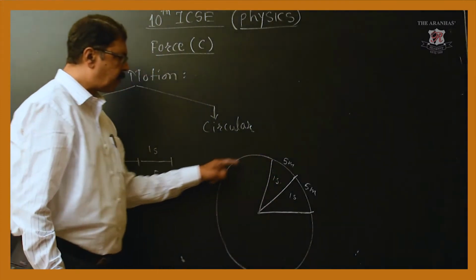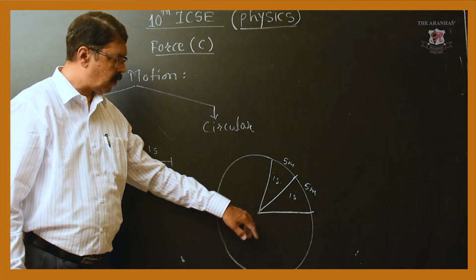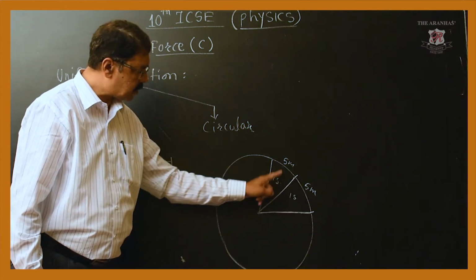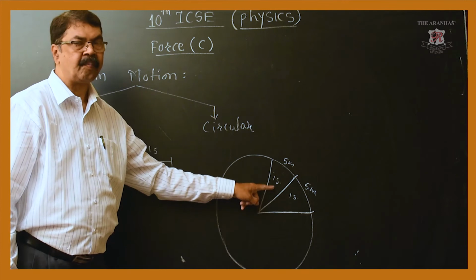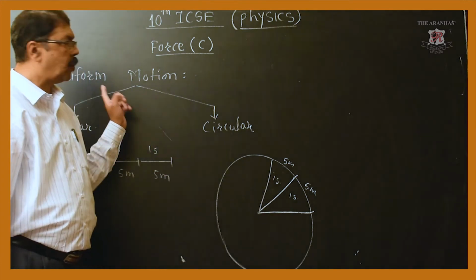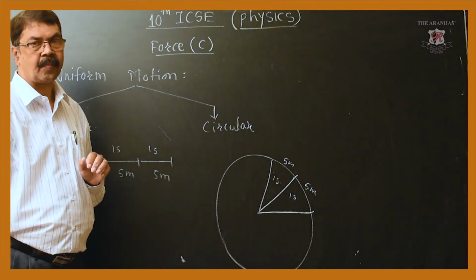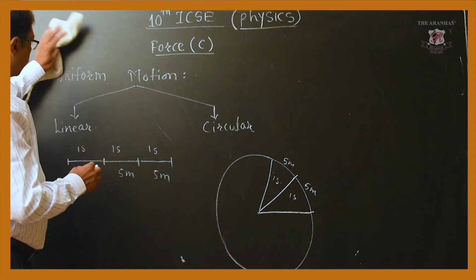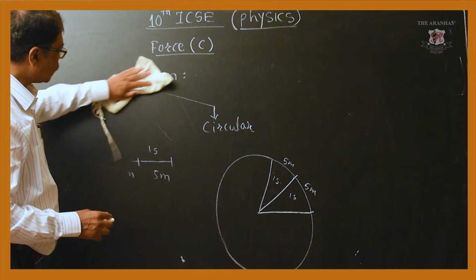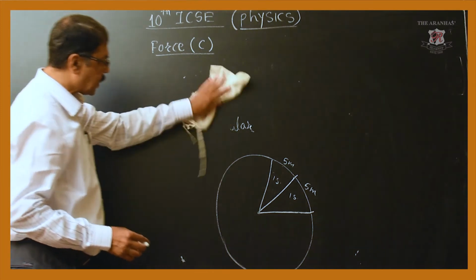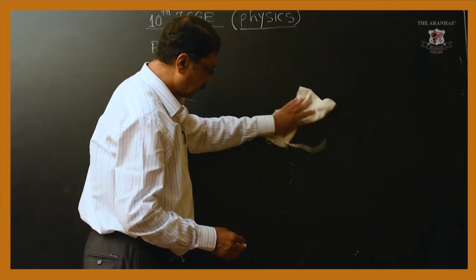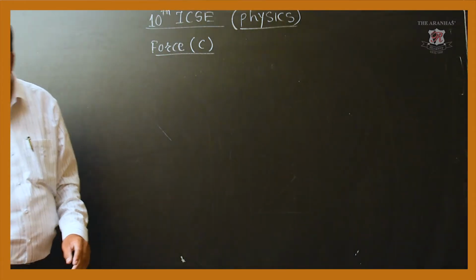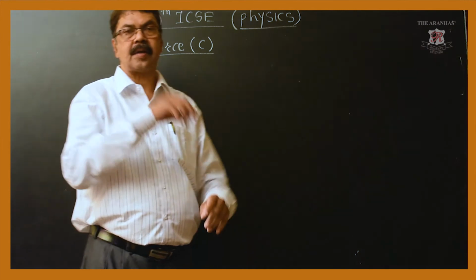If this is the way the particle is traveling, it covers equal distance on the circumference in equal interval of time. Then it is called as uniform circular motion. Now, we just now said circular motion is accelerated motion. There is always a change in the velocity of the particle when it is traveling around the circumference of the circle.